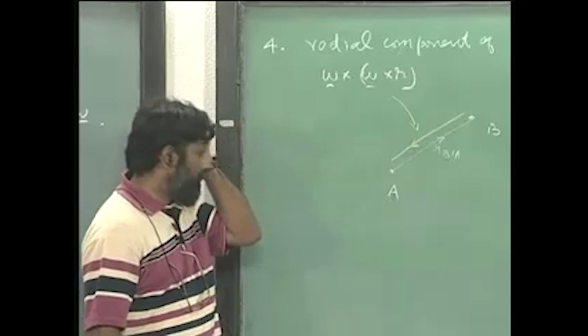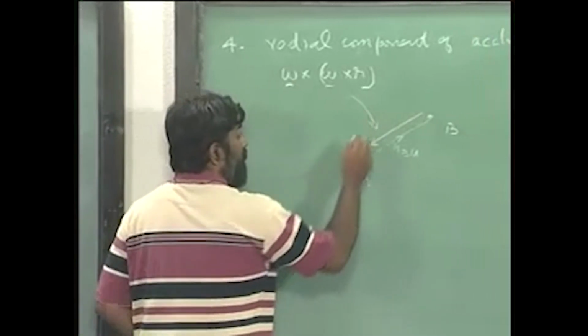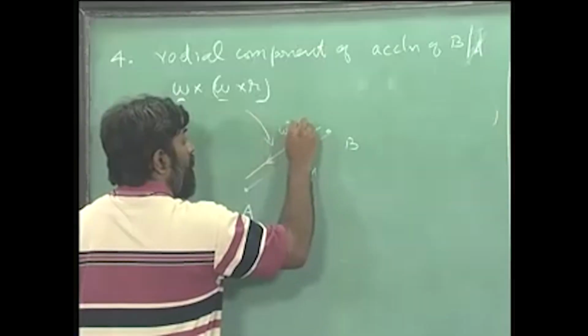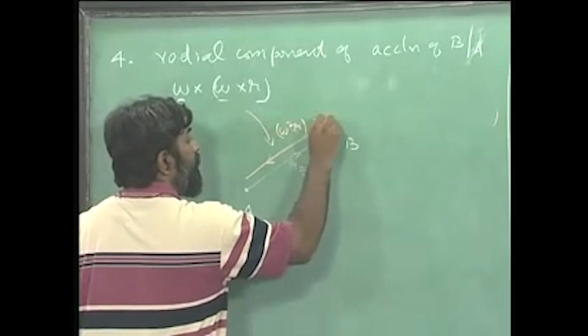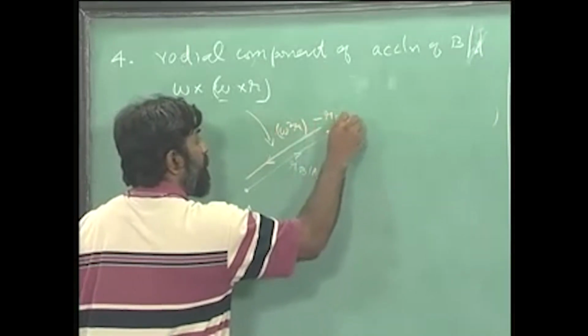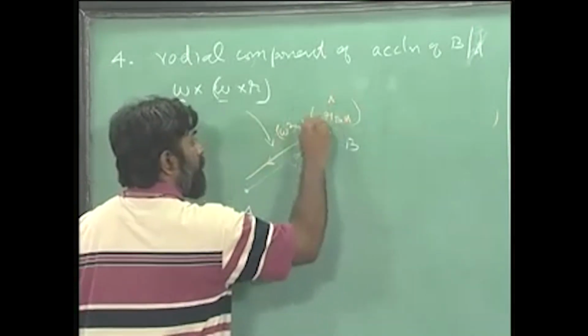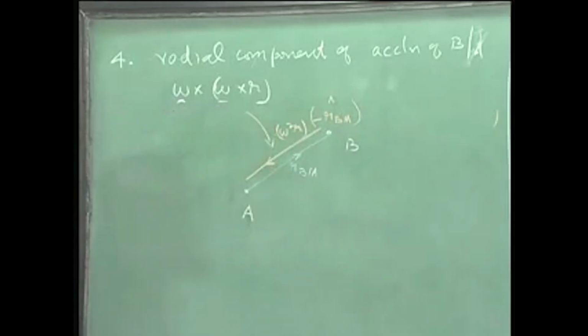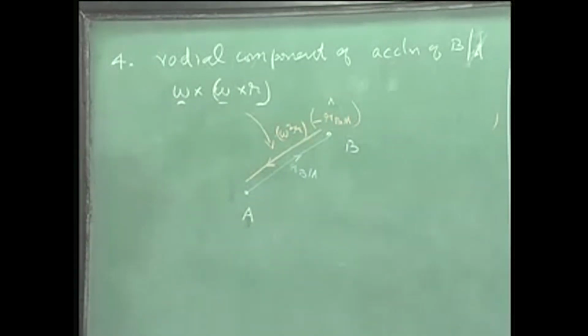Clear? So it is actually omega square r times minus RB with respect to A direction, the cap showing a direction.